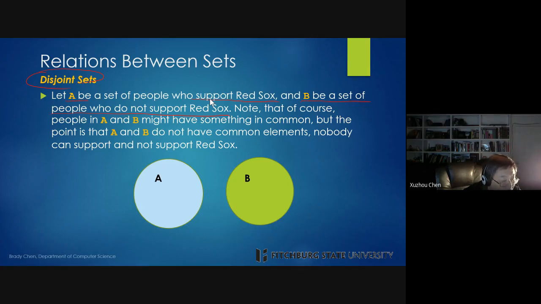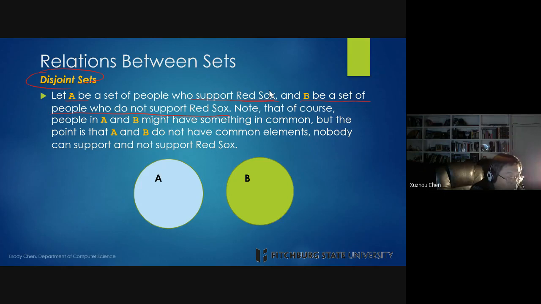Now, if you define A as a set of people who support the Red Sox and B as a set of people who do not support the Red Sox, that means A and B have no common area. Now we're talking about whether they support the Red Sox or not. We're not talking about people in A and B in general, right?